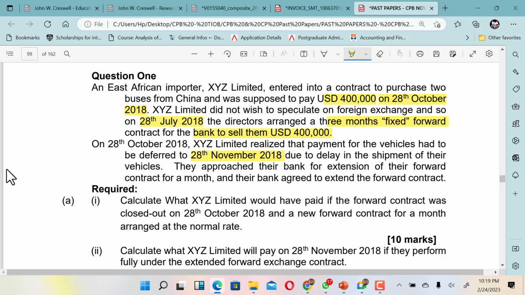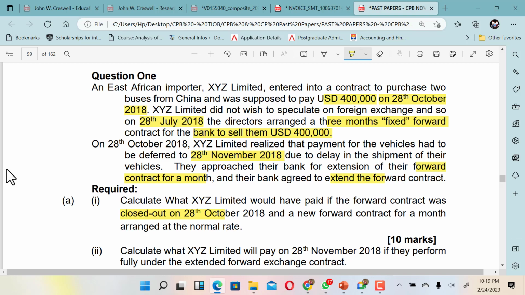They approached their bank for the extension of the forward contract for a month, and their bank agreed to the request. Required: calculate what XYZ Limited would have paid if the forward contract was closed out, okay, and a new contract for a month arranged at the normal rate.